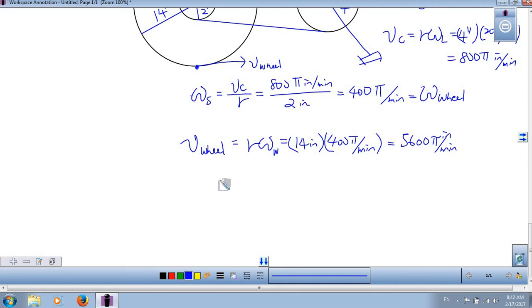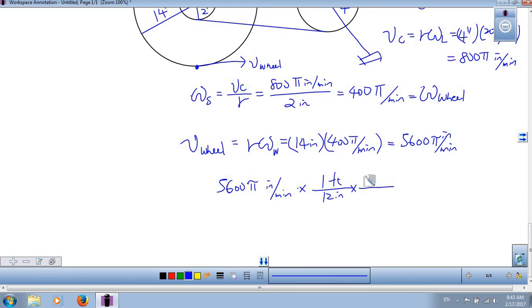Let's see if we can convert that to miles per hour. First, let's convert to feet. 1 foot is 12 inches, so we multiply by this conversion ratio to have feet on top.